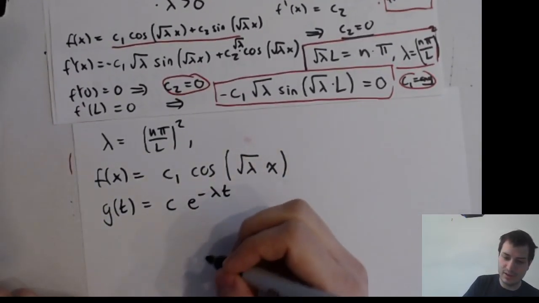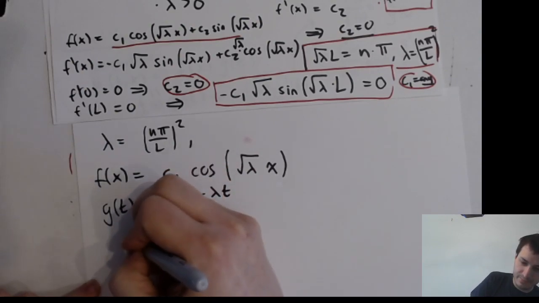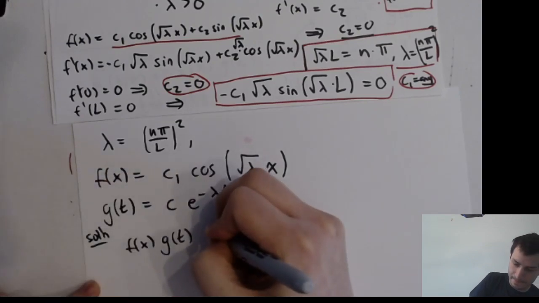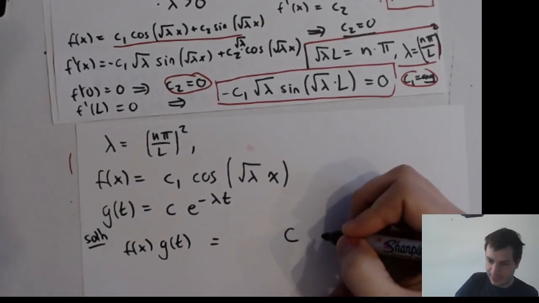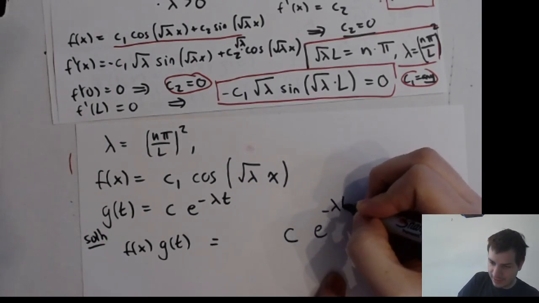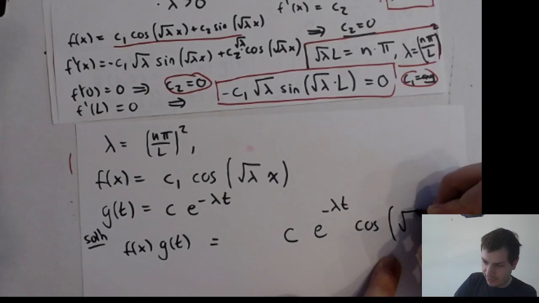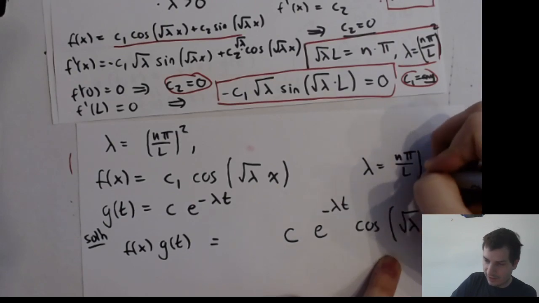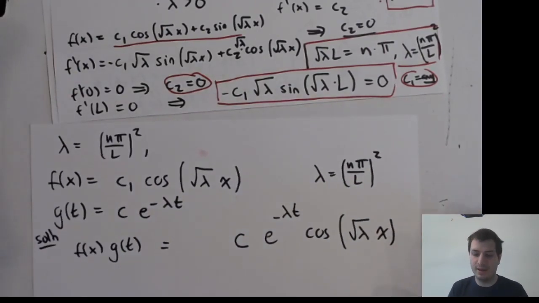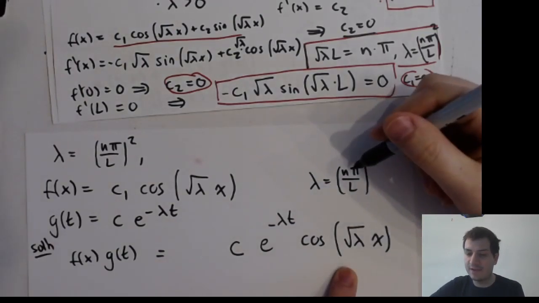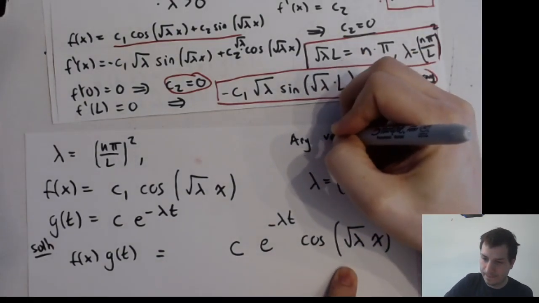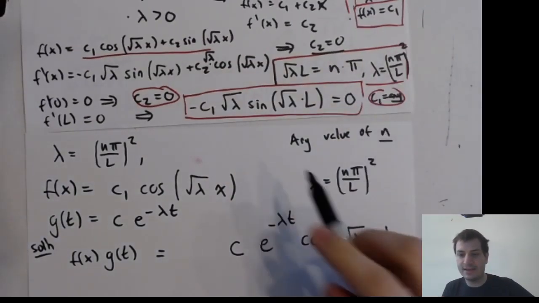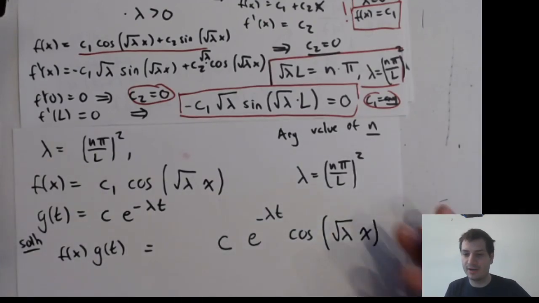The solution that we're looking for is f of x times g of t, which is c times e to the minus lambda t times the cosine of square root of lambda x, where lambda is n pi over L squared. That's the solution we found. This works for any value of n. As long as the sine is 0, that's where it came from, it works for any value of n.